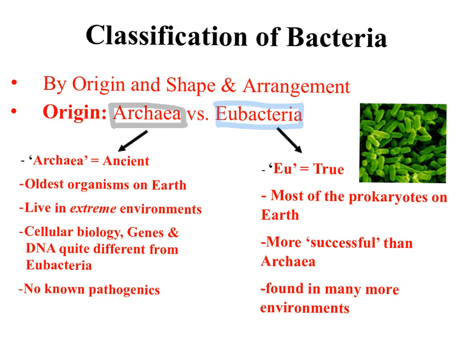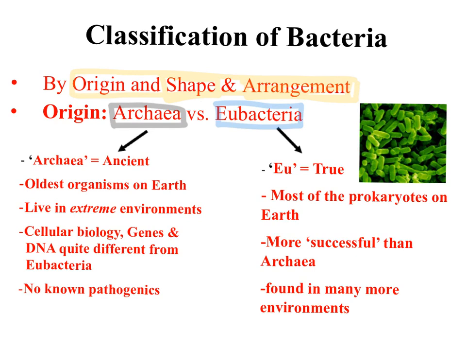When classifying them, we look at a few different things, including origin, shape, and arrangement. We already talked about shape and arrangement. So we have coccus, bacillus, or spirilla for shape, and arrangement could be by itself, diplo, strepto, etc.